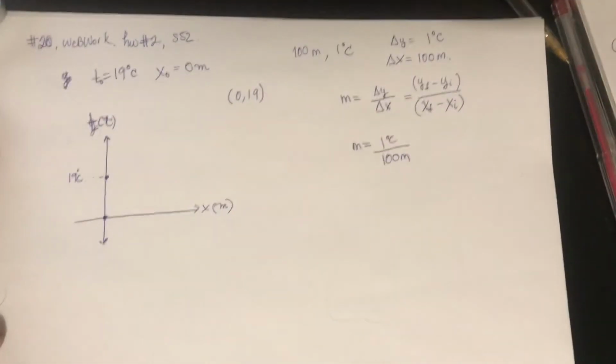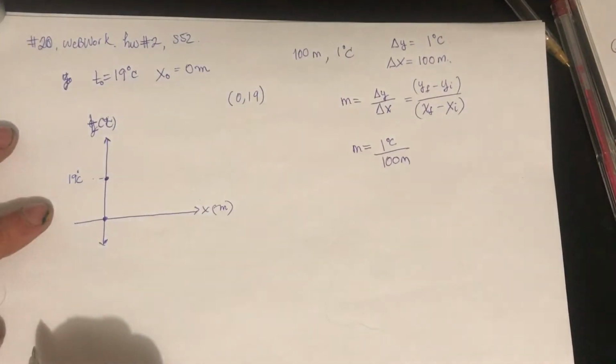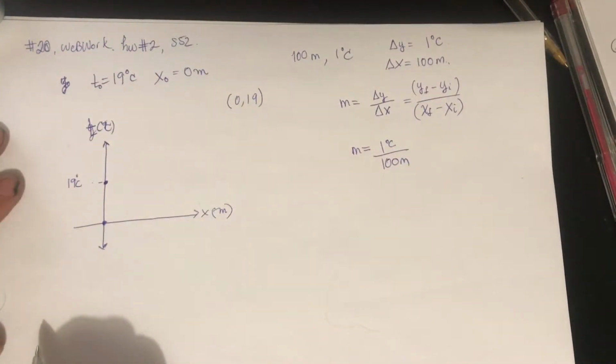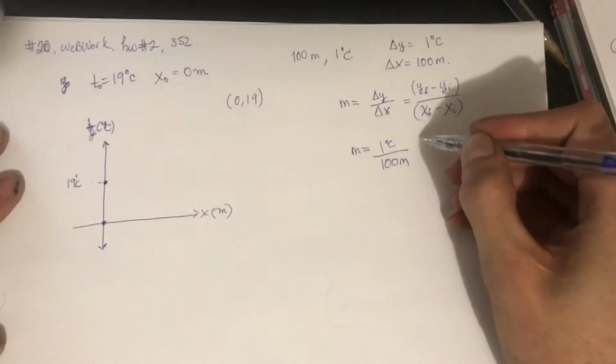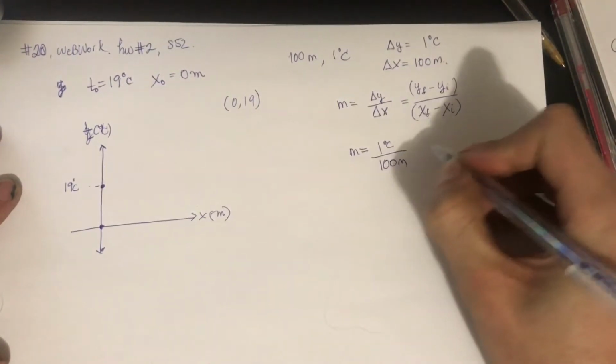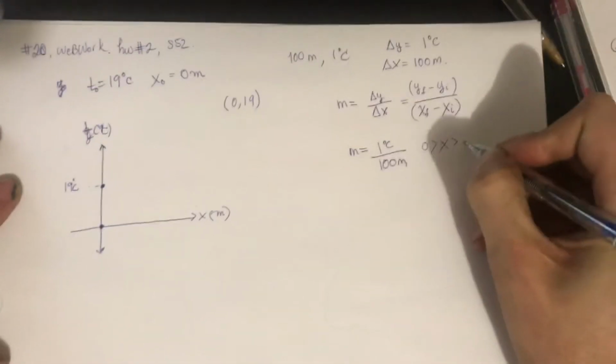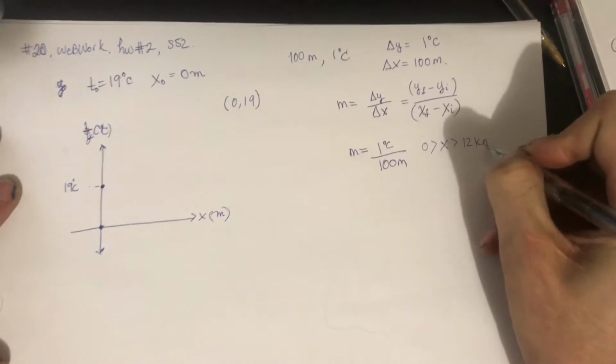All right. Then it tells us that this change is only true for any value of X within 0 and 12 kilometers.